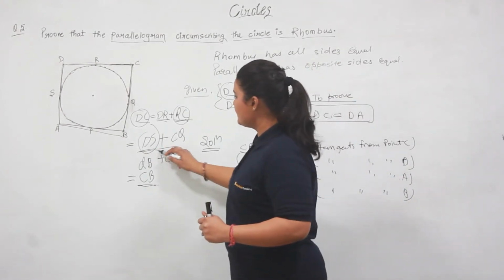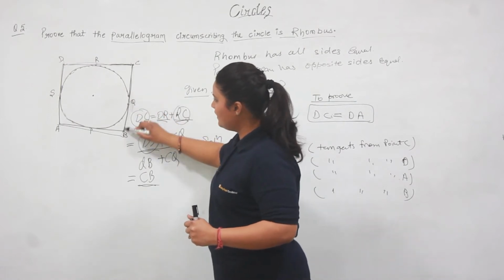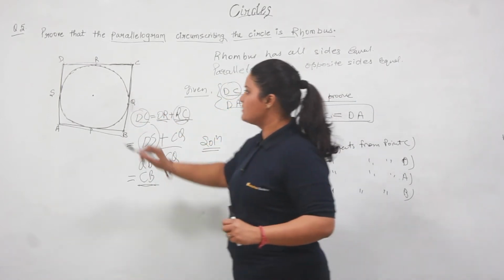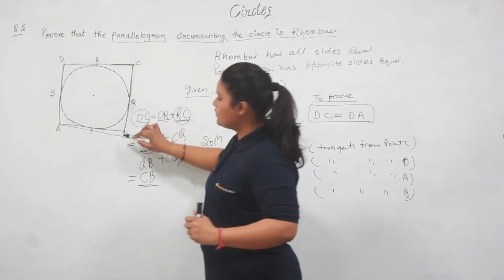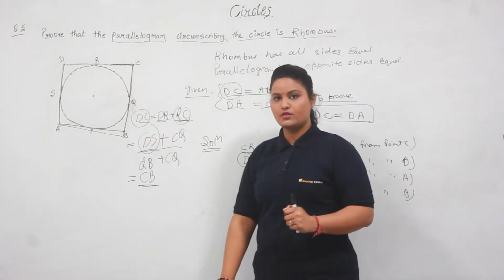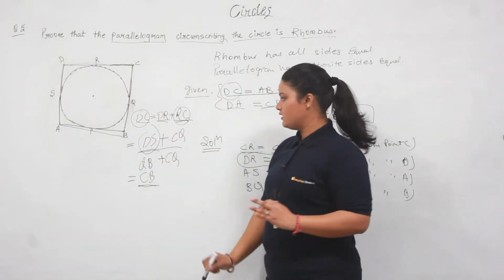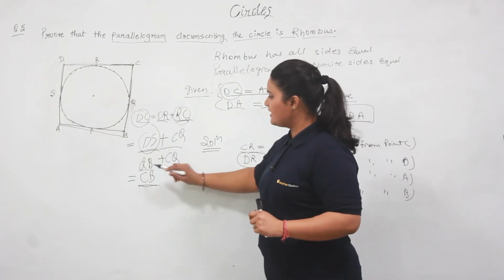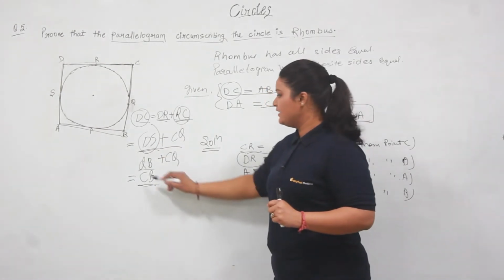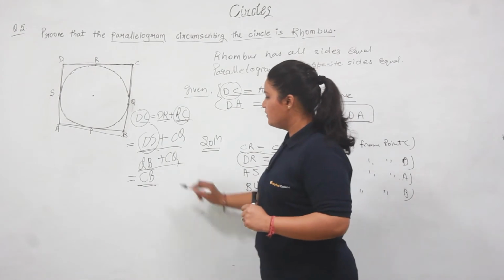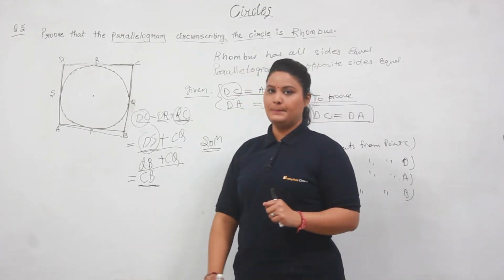Now, DS is equal to QB. Why? Because DA is equal to CB. These are the opposite sides of the parallelogram. Correct? So, I can write DS as QB, and QB and CQ make CB.